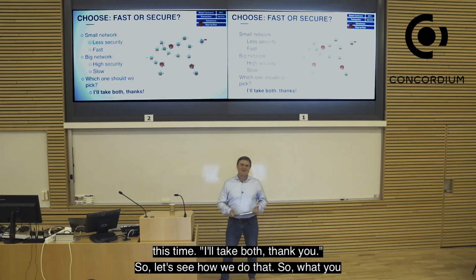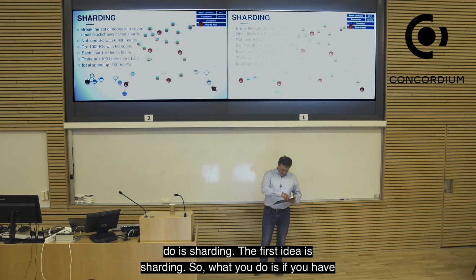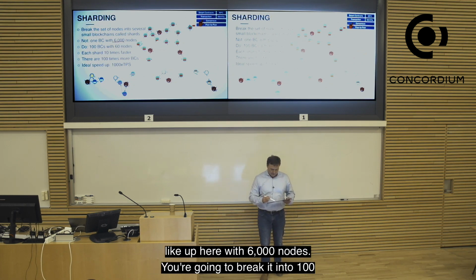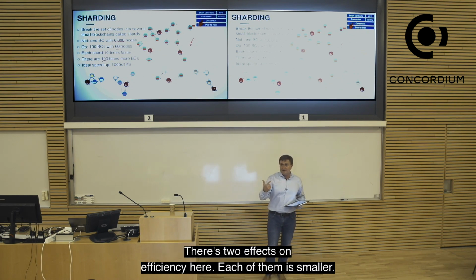So let's see how we do that. What you do is sharding. The first idea is sharding. If you have, let's say, 6,000 nodes, you're not going to run one blockchain up here with 6,000 nodes. You're going to break it into 100 blockchains with 60 nodes in each, for example. Now we have 100 blockchains. There are 2 effects on efficiency here.